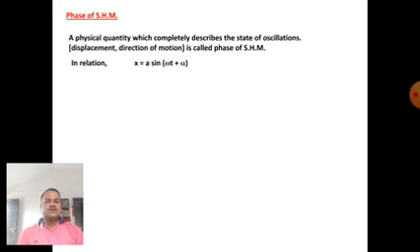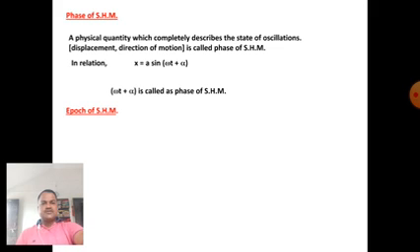It tells whether the particle is at the right side or at the extreme left side. The definition of phase of SHM is a physical quantity which completely describes the state of oscillation, meaning displacement, direction of motion, etc. Omega t plus alpha is called the phase of SHM.